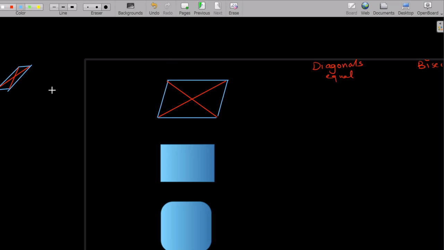Wait, then let me draw one more. Okay, what do you think about this parallelogram? Will the diagonals be equal? This is also a parallelogram, right? Yeah. Diagonals are equal in this one.